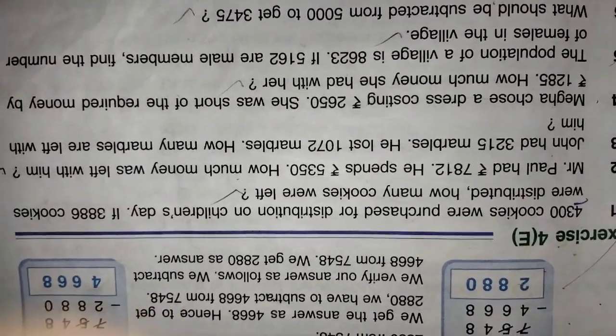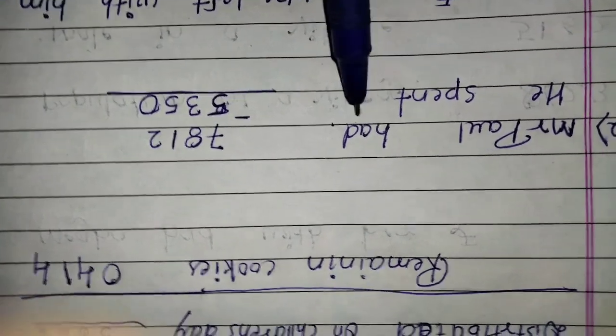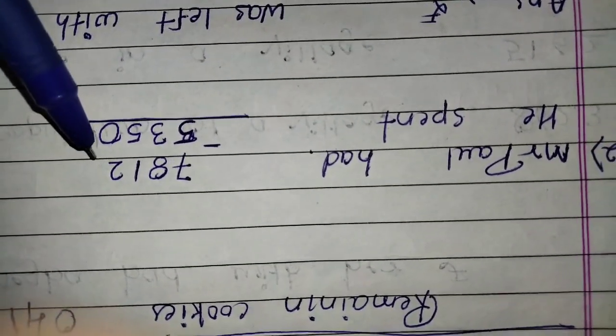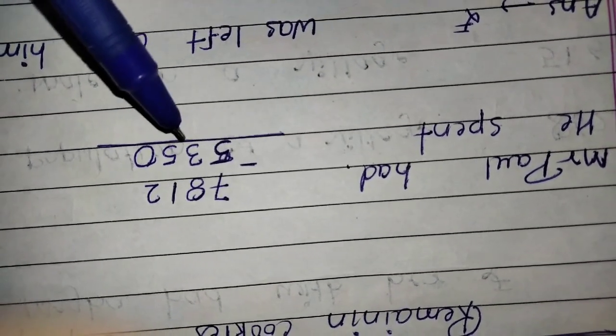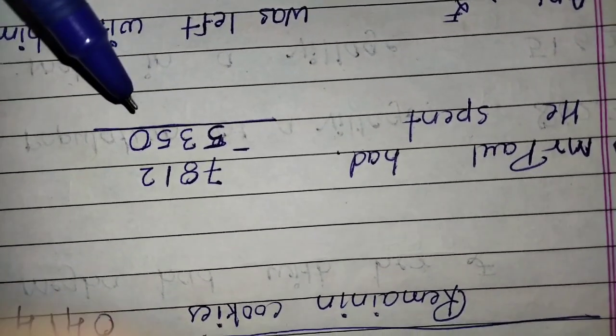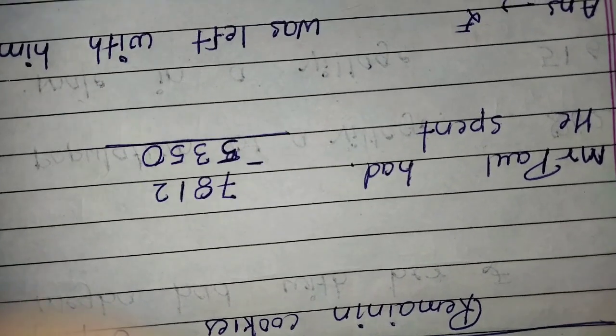Now they are asking how much money is remaining with Paul. We'll go for the solution. Mr. Paul had 7,812 rupees and he spent 5,350 rupees. They are asking how much money is remaining with Paul.